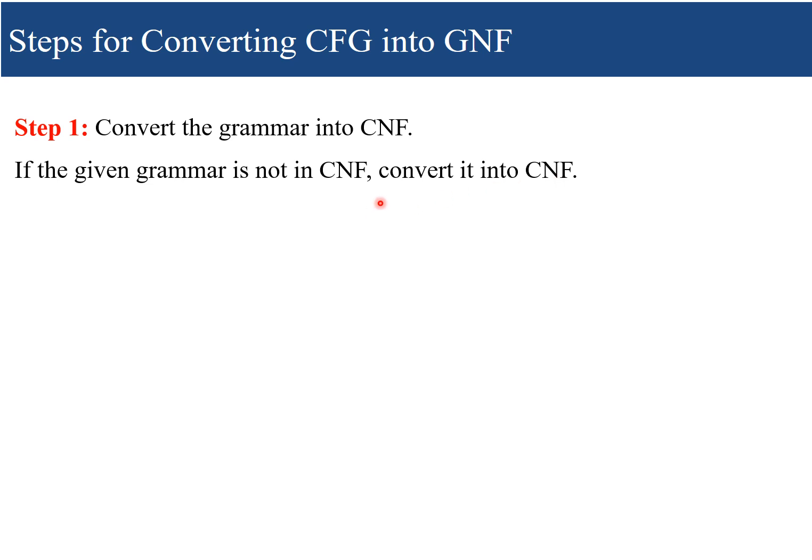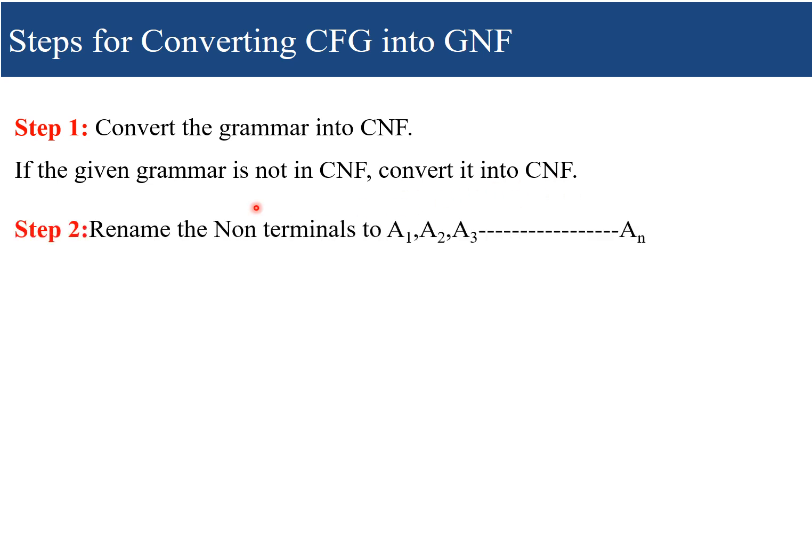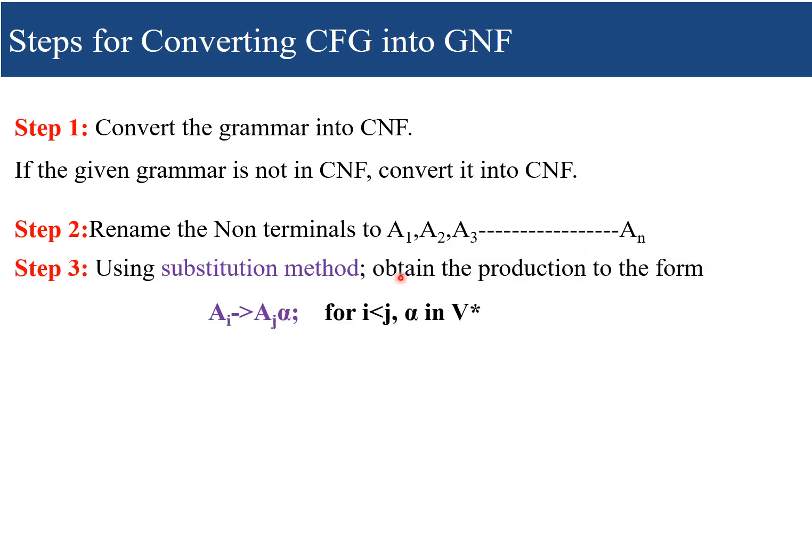The second step of the conversion is to rename the non-terminal symbols like A1, A2, A3, etc. up to An. Once you have renamed them, go to step 3, that is called the substitution method.